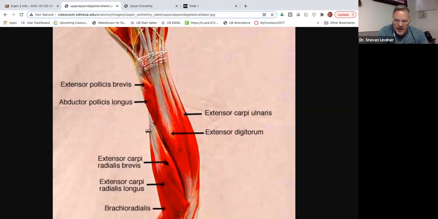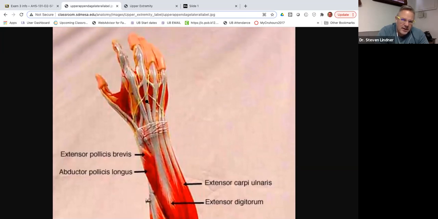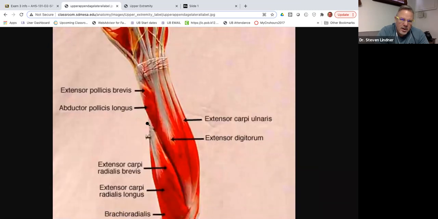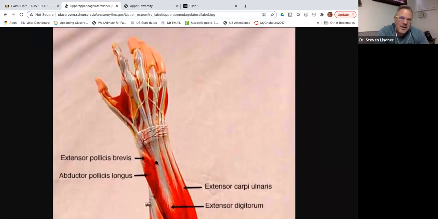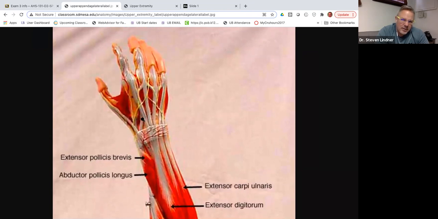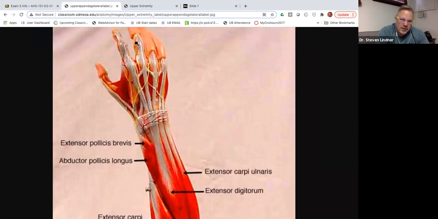ECRB, extensor carpi radialis brevis, will have an insertion along the longest finger, on the 3rd metacarpal, whereas the extensor carpi radialis longus, which has a longer tendon, will insert at the shorter of the 2 fingers, which is the 2nd metacarpal. Both of them insert on metacarpals. It's just extensor carpi radialis brevis will insert on the longer finger, the 3rd metacarpal, and extensor carpi radialis longus inserts on the shorter of the 2 fingers, which is the base of the 2nd metacarpal.